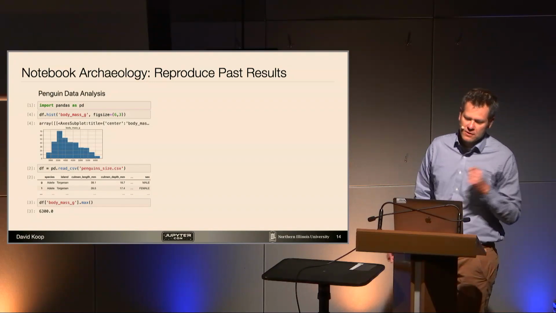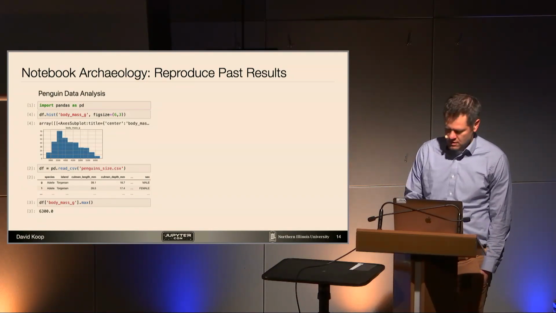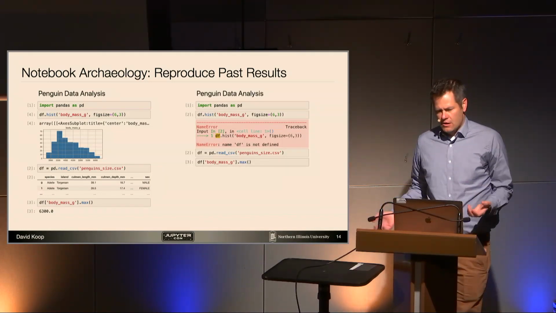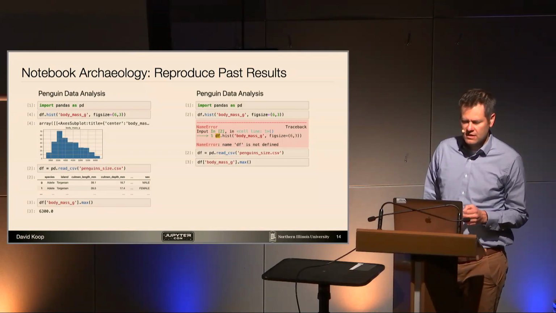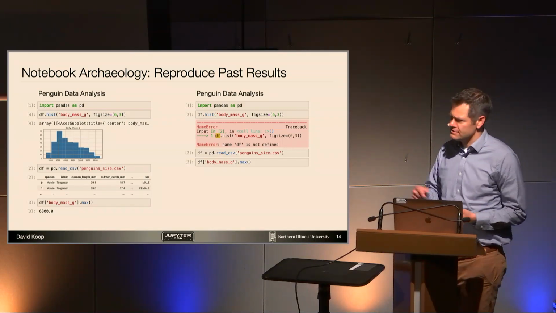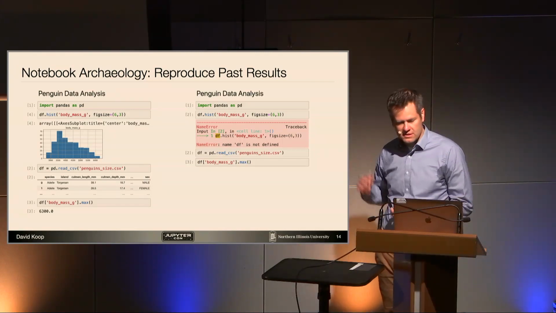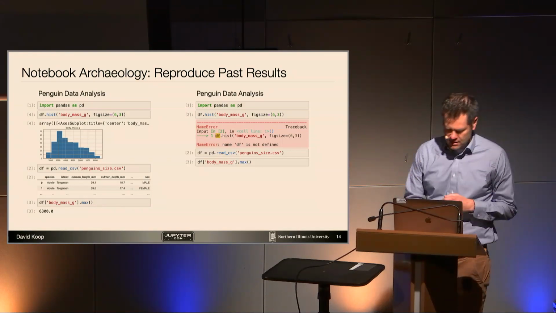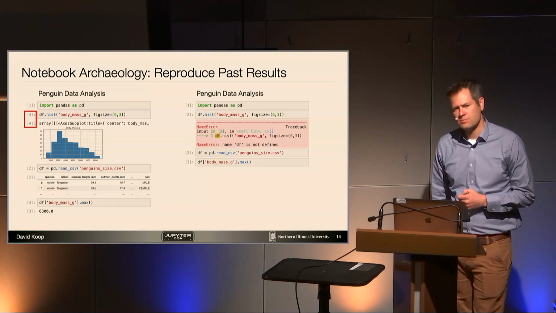A slightly different case is when I switch the order of the notebook. When I run this notebook again and try to reproduce it, I get an error. But in this case, it's not due to the data not being there. It's due to the fact that I'm referencing a variable that's not defined yet. If I run things in a top-down order, the cell at the top and this next cell... the reason here is that it looks like this cell was actually executed after the two cells below it.